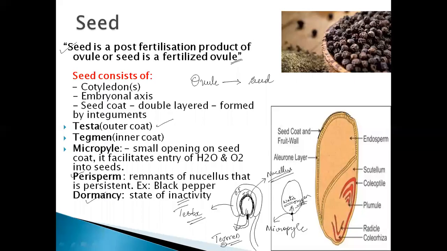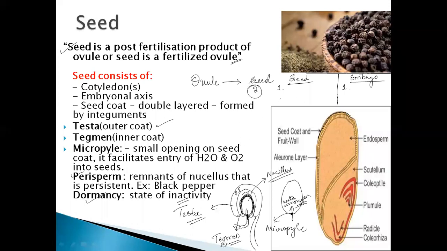Now, seed and embryo. This is just an example, okay? Seed and embryo is an asked question. Now what you will do? One definition of seed you will write, and one definition of embryo you will write. This is for 2 marks.